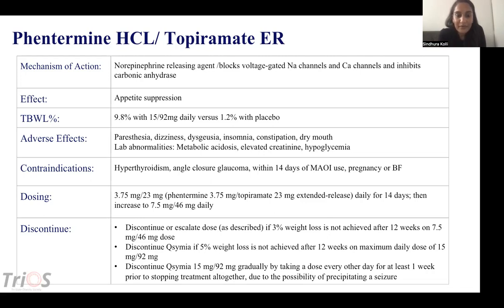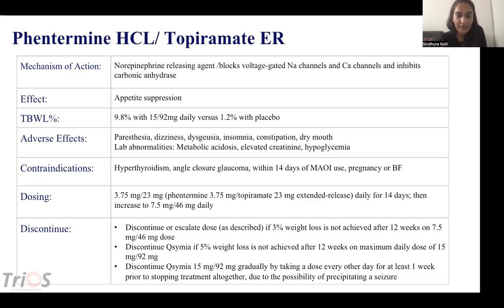We do have to be mindful of topiramate side effects, which include paresthesias and dysgeusia, and lab abnormalities would include metabolic acidosis, elevated creatinine, and hypoglycemia. Contraindications are very similar to phentermine alone, but also include hyperthyroidism.